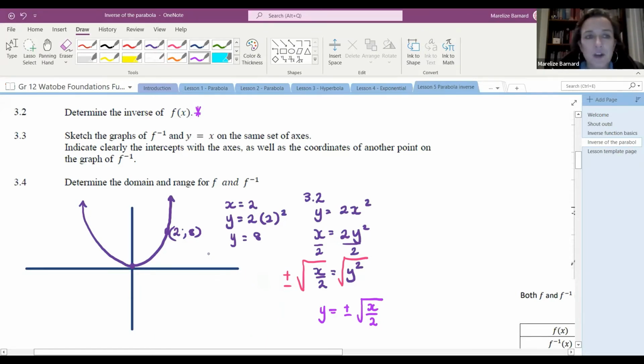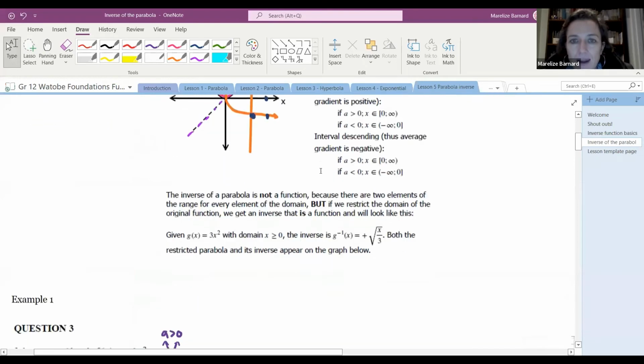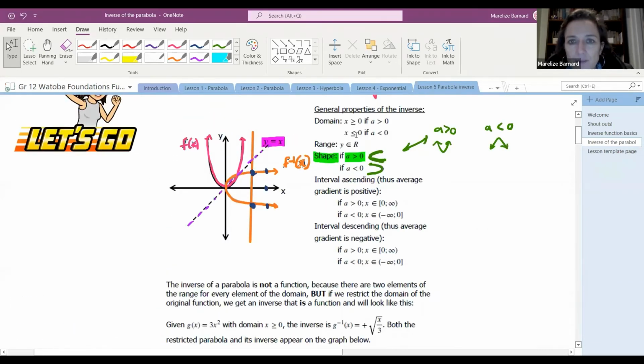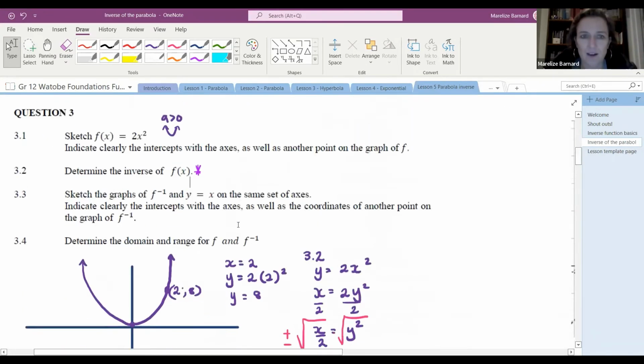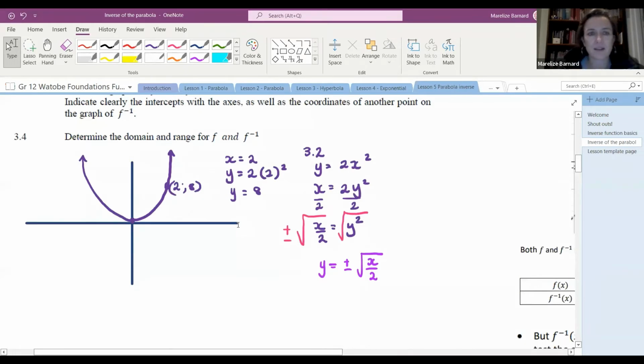Right, so remember also we said earlier in our notes that if a is greater than 0, it is this parabola lying on its side, opening up towards the right or the left. I always get my left and my right mixed up.